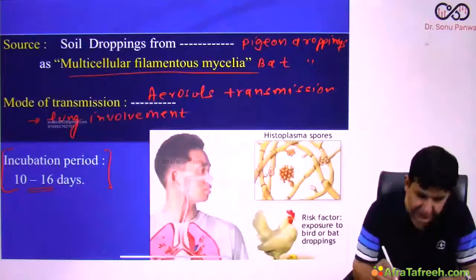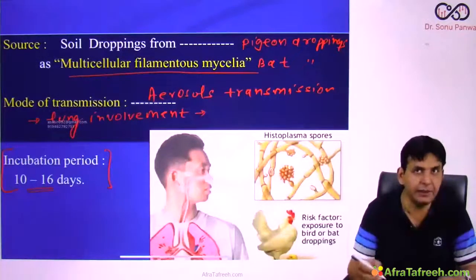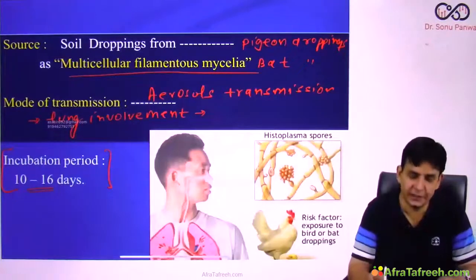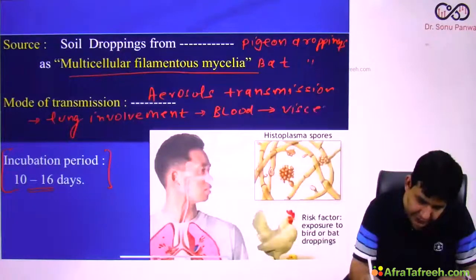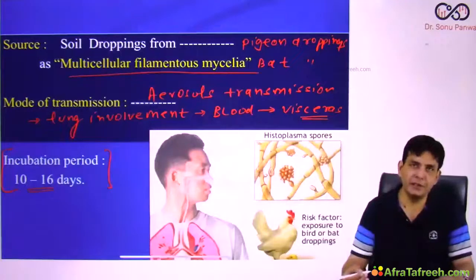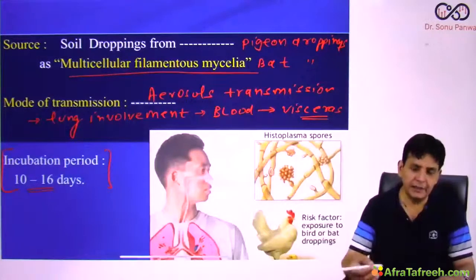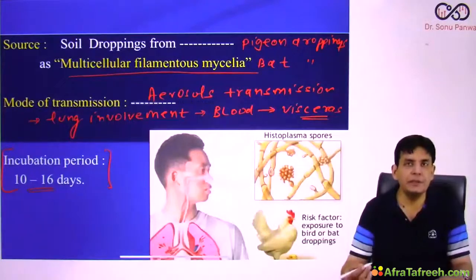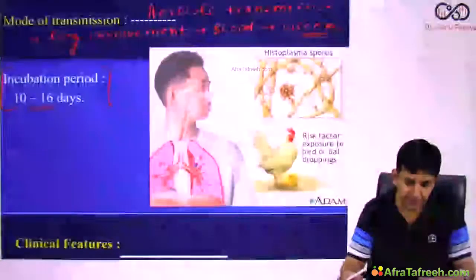After the lung involvement, remember it goes into the blood, that is, hematogenous spread. From the blood it goes into the viscera, and thereby involves the various visceral organs like spleen, liver and so on, and that's why it is termed systemic mycosis or deep mycosis. So remember this also.